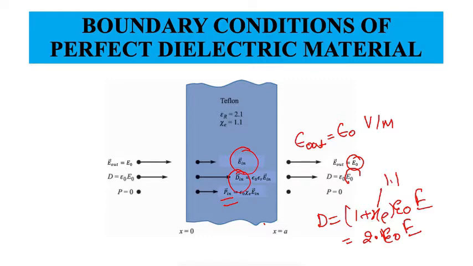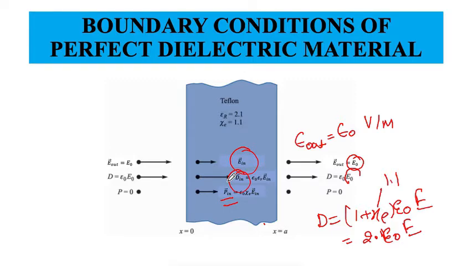Now if you ask, you are given the electric field outside the material, so what stops you from finding the electric field inside the material? The answer is, I know how the electric field inside is related to polarization and the D vector.